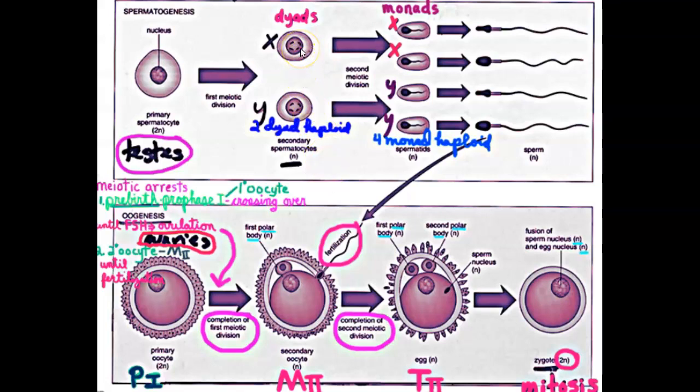That one's an X, that's a Y. It goes through meiosis 2 and ends up with 2 X's and 2 Y's. So 4 monad haploid cells, every single one genetically different from each other because of prophase 1 and random alignment in our first meiotic division.